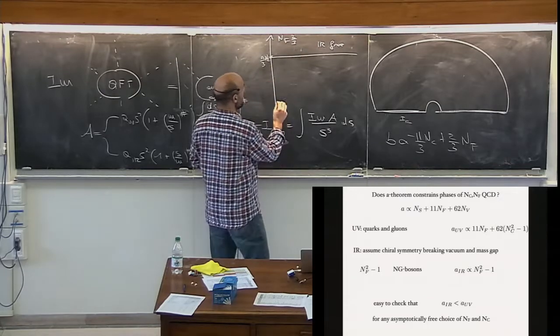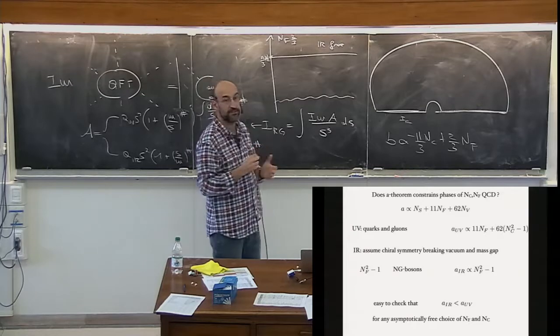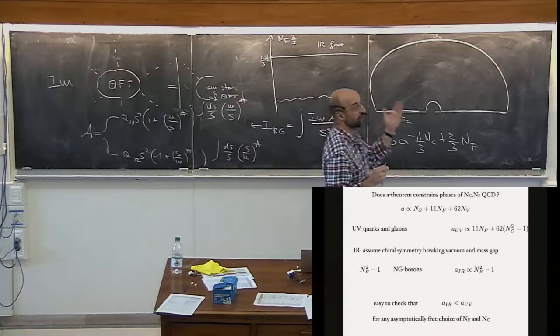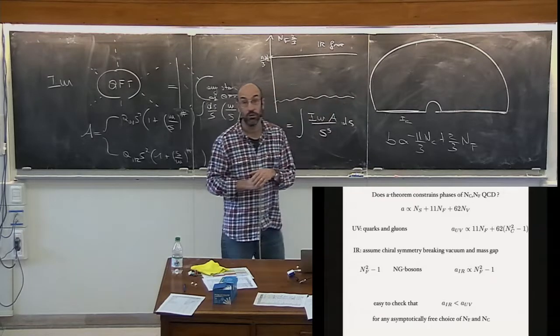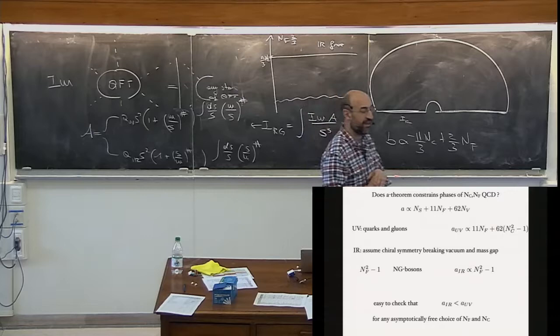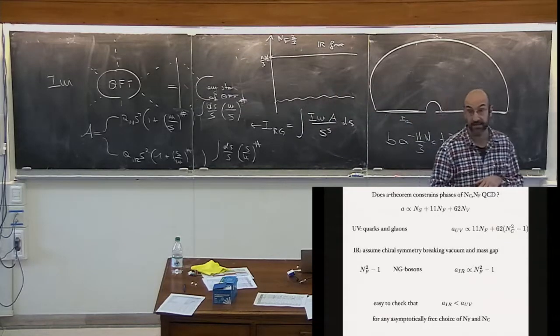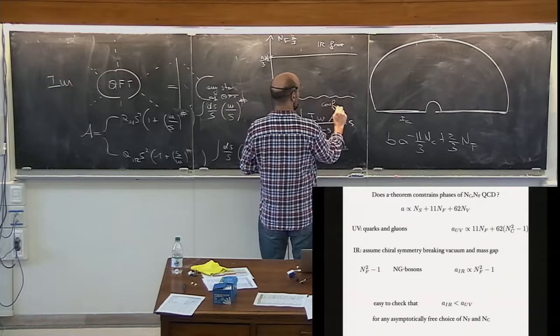At sufficiently low number of flavors, like in QCD, for instance, number of colors equal 3, number of flavors equal 3 or 4, we know that the theory confines with chiral symmetry breaking.